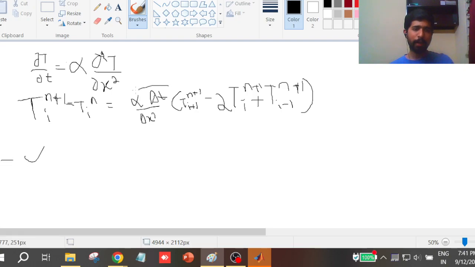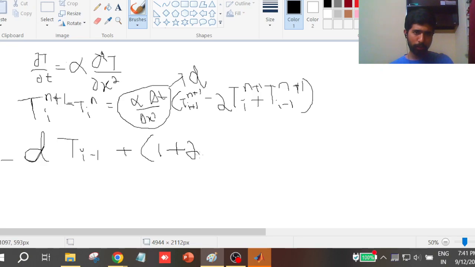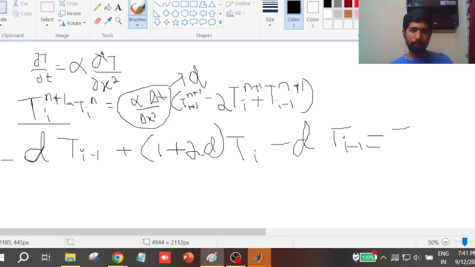Alpha delta t by delta x square, let me take it as one term, say D. So minus D into T(i-1), plus 1 plus 2D, because I have 1 coming from this term, 1 plus 2D into T(i), plus minus D into T(i+1) is equal to T(i) at n.